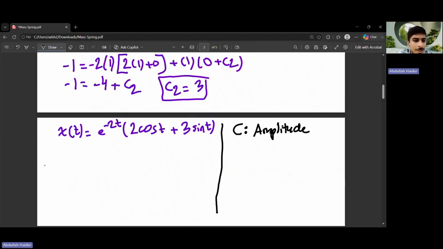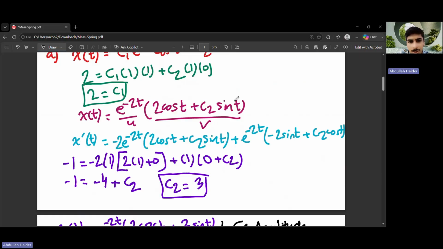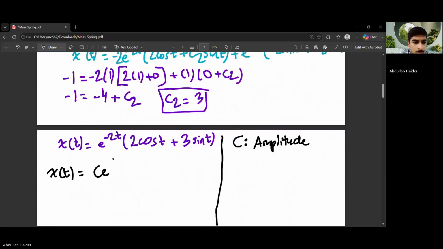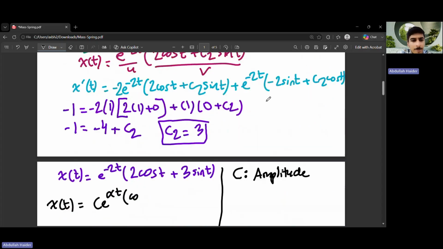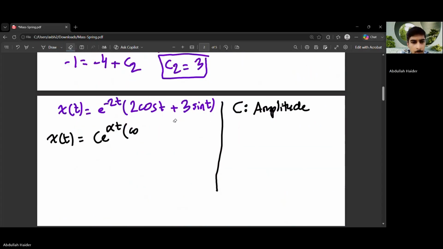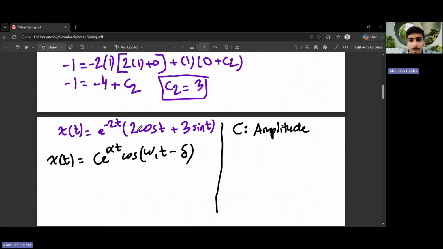So the question is asking us in terms of x of t is equal to C e power alpha t cos omega 1 t minus delta. Right? Yeah. So this C over here is called the amplitude.